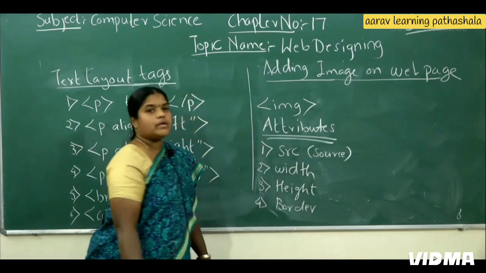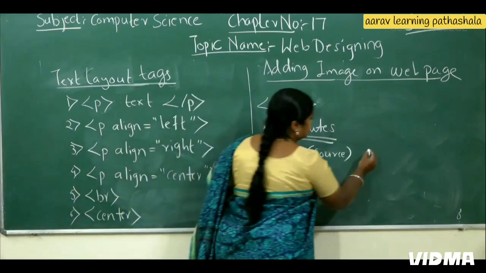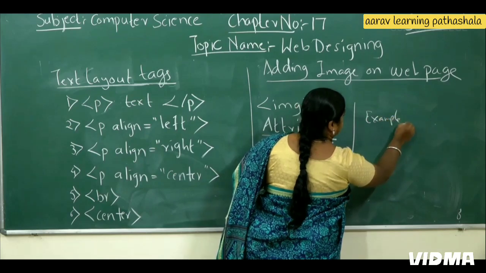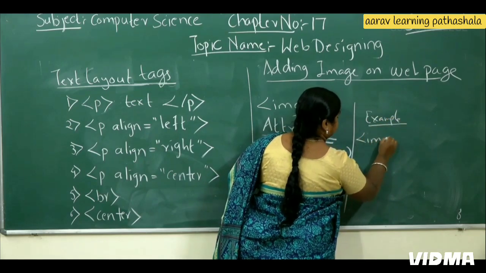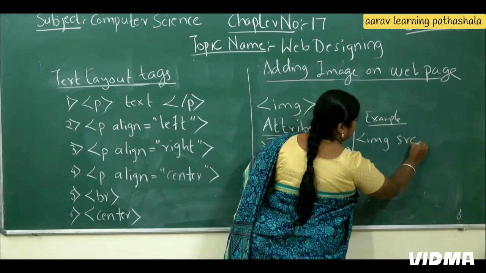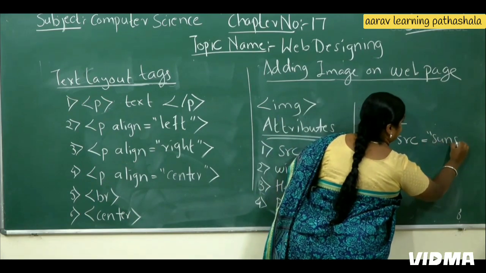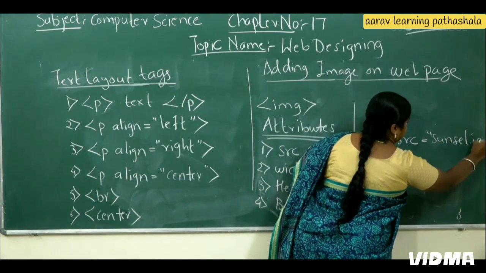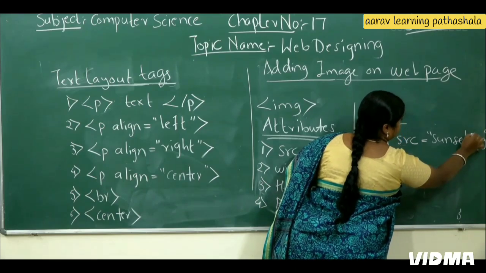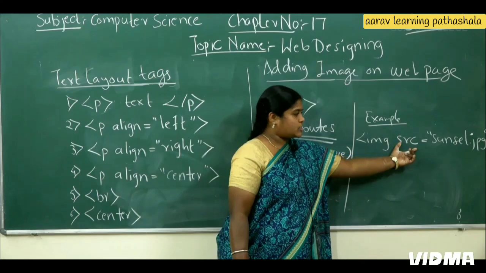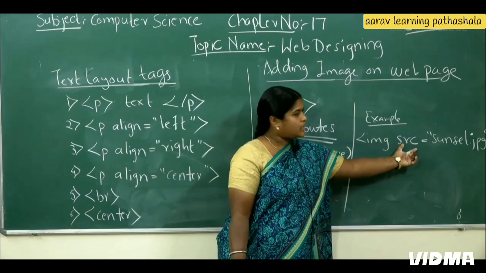Let's see how the image tag is written. We will see a simple example here. Example, img. We will take the source as sunset.jpg. So we are specifying the image name with the extension. So src is nothing but sunset.jpg, that is the name of that particular image.